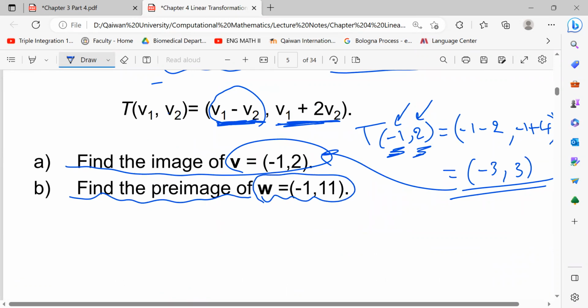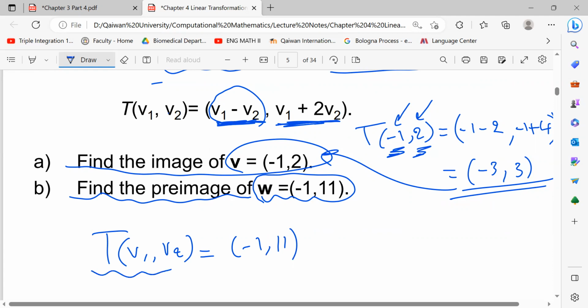It's different from the above one. Here it's asking about the pre-image. That means T of, let's say, (V1, V2) is equal to (negative 1, 11).